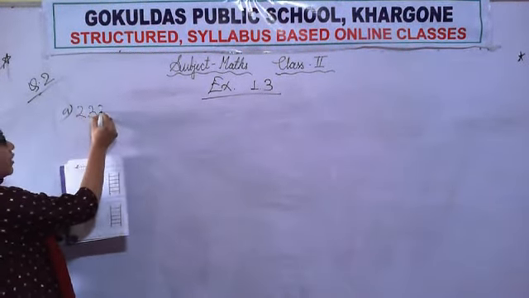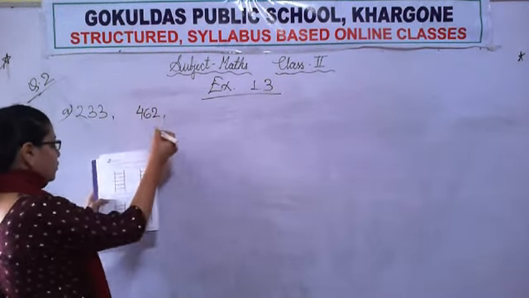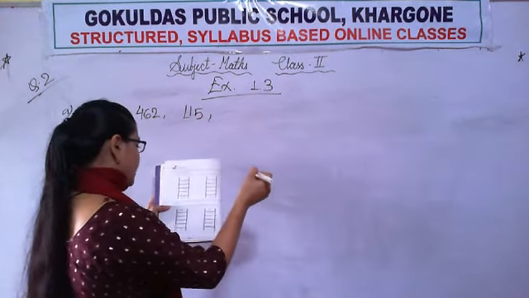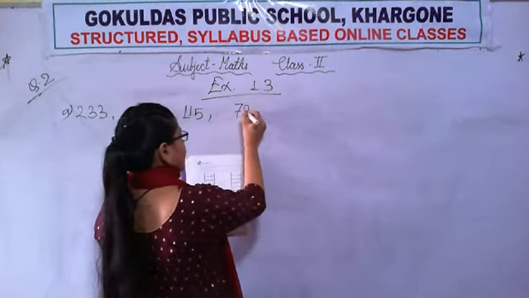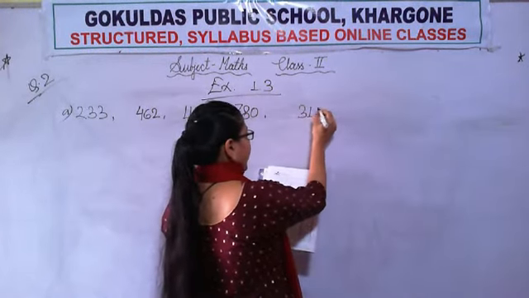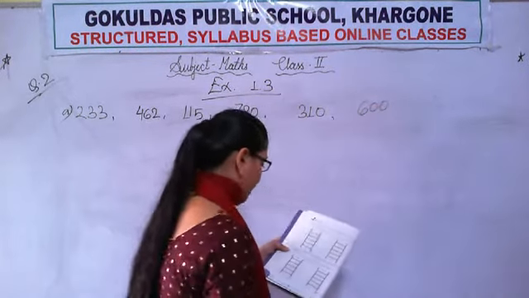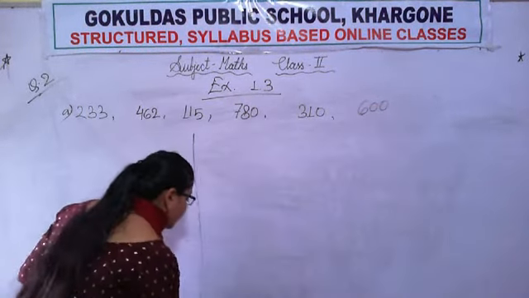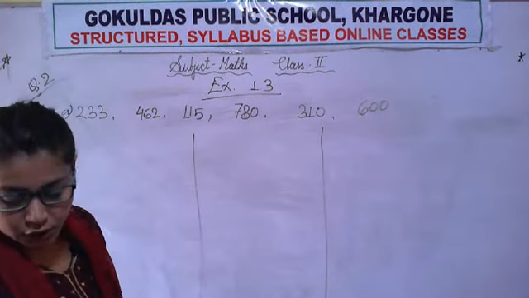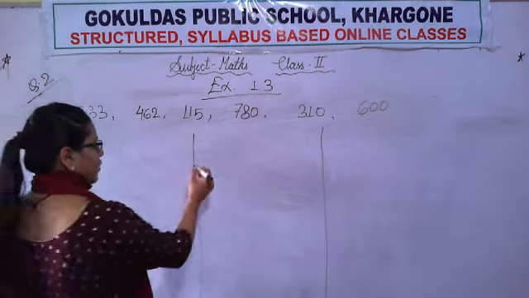The numbers given are 233, 462, 115, 780, 310 and 600. In descending order, we put numbers from highest value to smallest value.